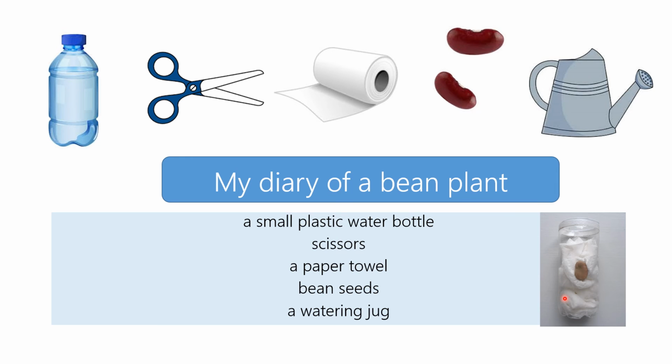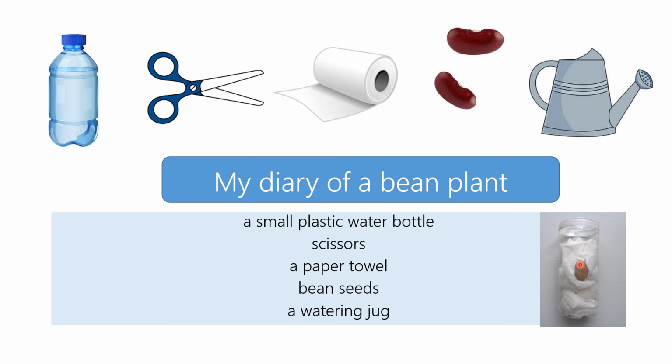Then take your bean seed and place it upright in the bottle. Upright znači uspravno. It is important that the bean is standing upright. This is how it will grow, so you can clearly see it.